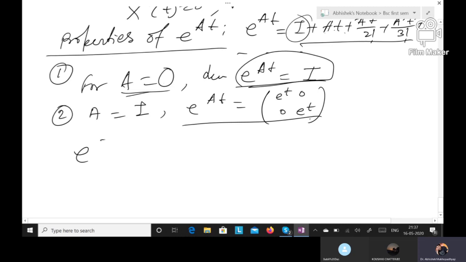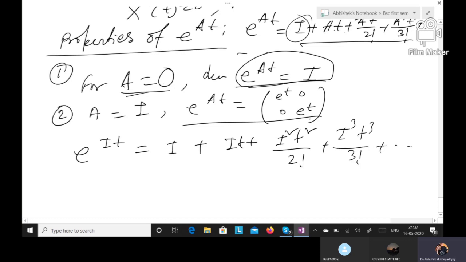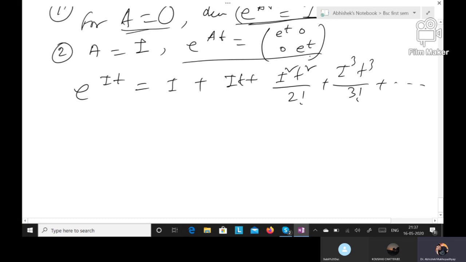So e to the power It. Now what is e to the power It? It is I plus It plus I square t square by 2 factorial plus I cube t cube by 3 factorial and so on. But each power of the identity matrix will be the identity matrix.